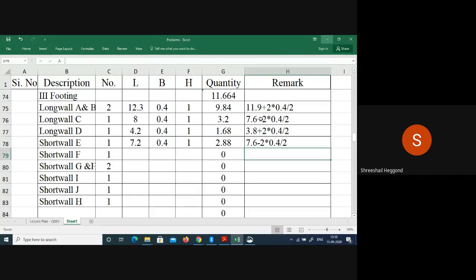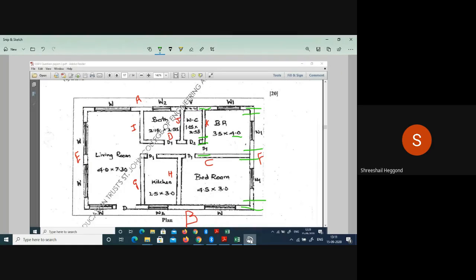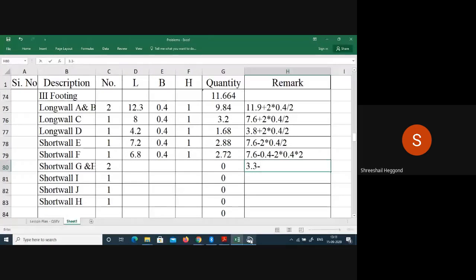Next short wall F, center to center length is 7.6 only. But here there are two deductions. That is of in between wall, that is of 0.4 minus 2 into 0.4 divided by 2. It will be of 6.8. Next G and H, center to center length is 3.3. See figure. G and H is center to center 3.3 meter. Minus both the sides you have to do that is 2 into 0.4 divided by 2.